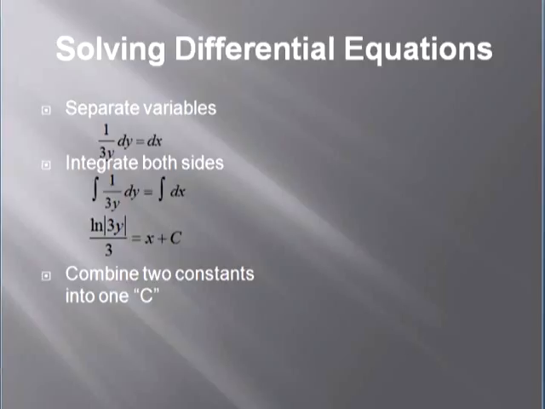And on the other side, the indefinite integral of dx is plain old x. And for these problems, instead of using two separate constants, one on each side of the equation, you combine the constants and just place one c on either side of the equation.